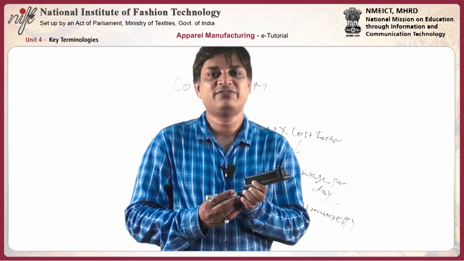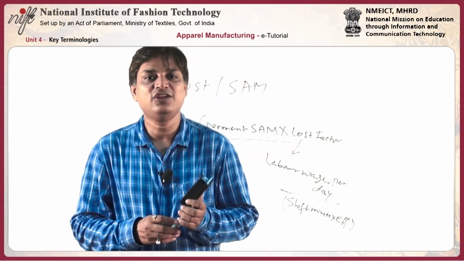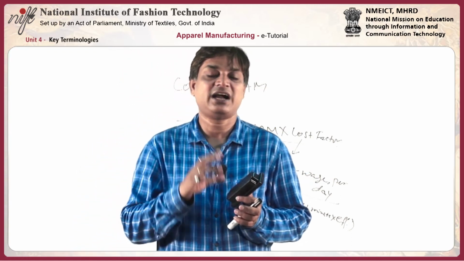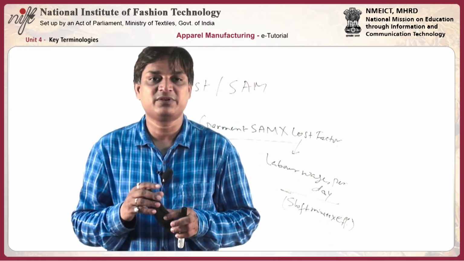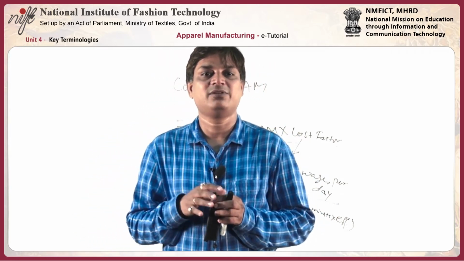So for a factory with a shift time of 480 minutes, suppose the daily operator wage is INR 200. If the factory runs at 50% efficiency, the cost factor for the factory will be around 0.833.